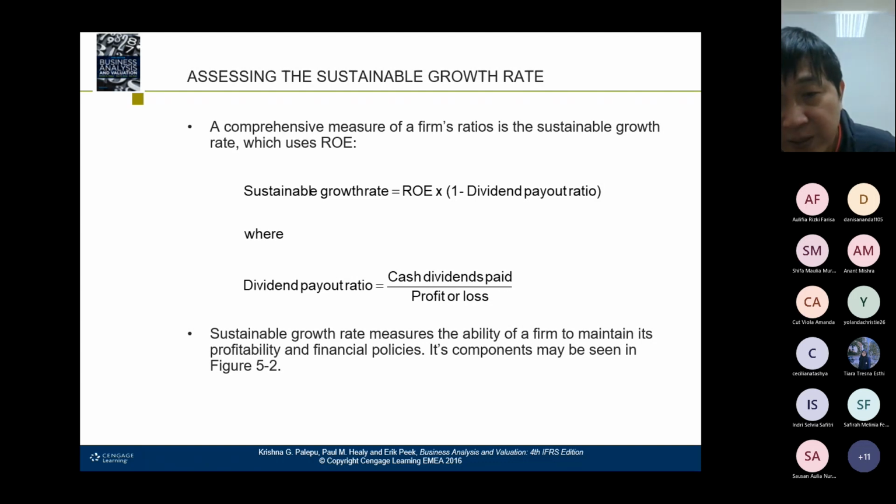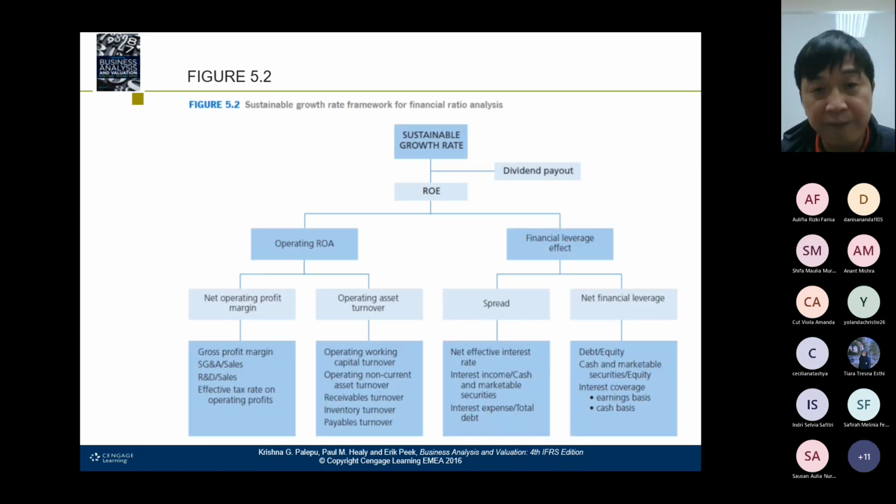Sustainable growth rate measures the ability of the firm to maintain its profitability and financial policies. Its components may be seen in figure 5.2, sustainable growth rate and the dividend payout.